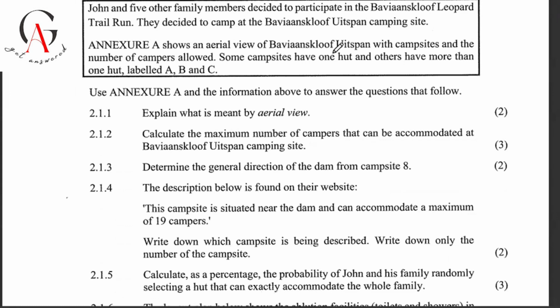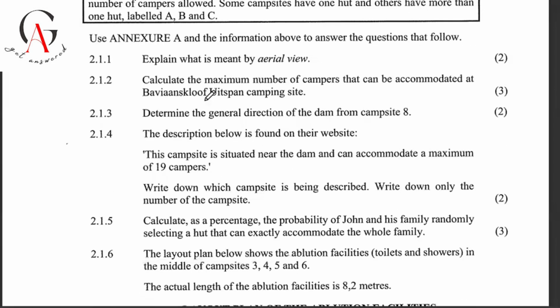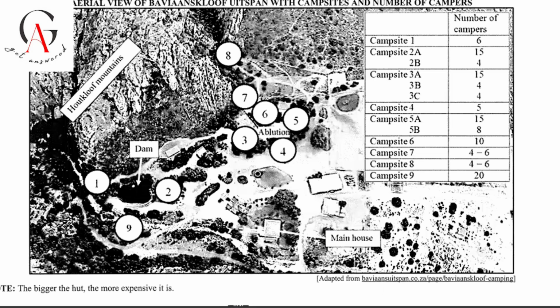Some campsites have one hut and others have more than one hut, labeled A, B, and C. Use Annexure A and the information above to answer the questions that follow. So this is the annexure.